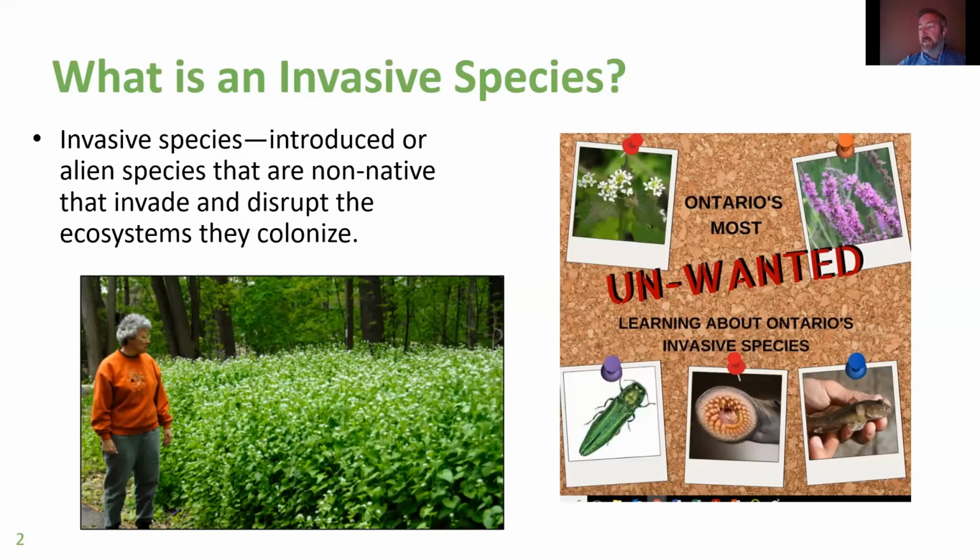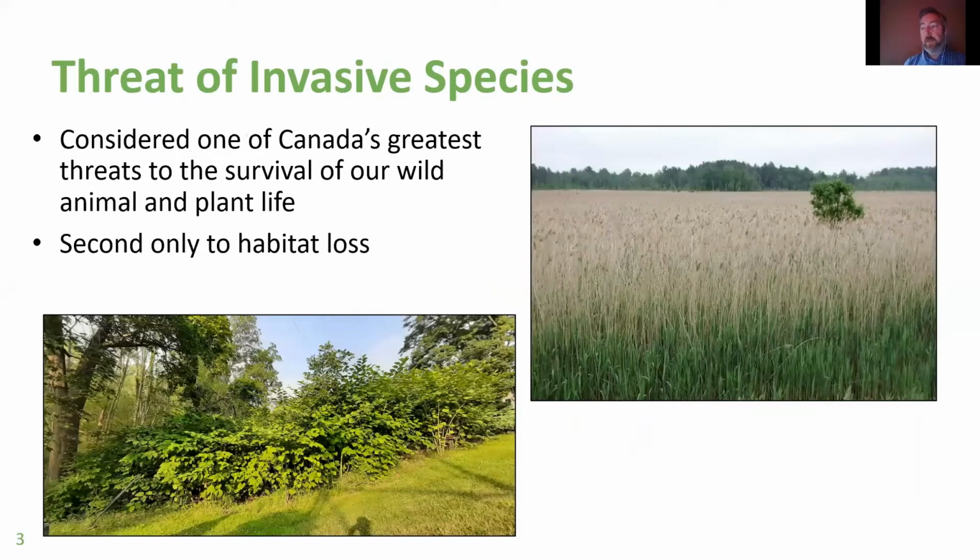Invasive species, introduced or alien species, as they're often called, are non-native species that invade and disrupt ecosystems that they colonize. So they pose a threat to biodiversity by outpacing native species, either by growing and spreading at what can be alarming rates, or by outcompeting habitats and food sources.